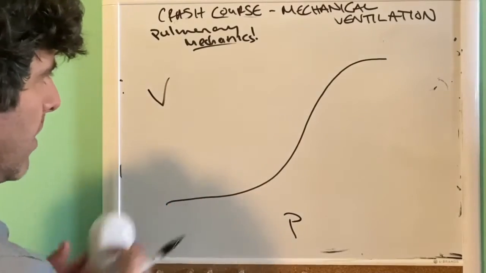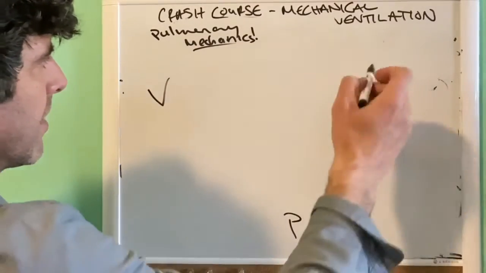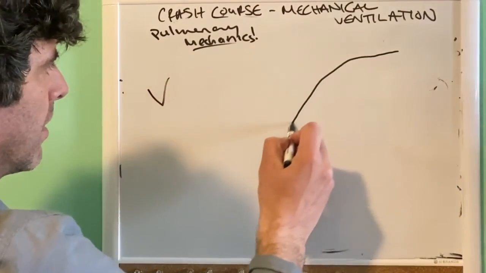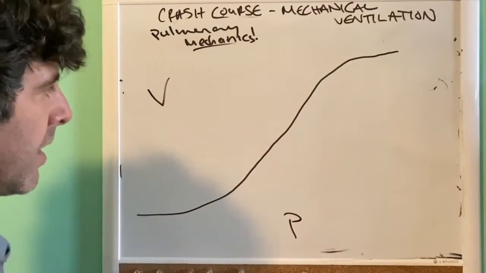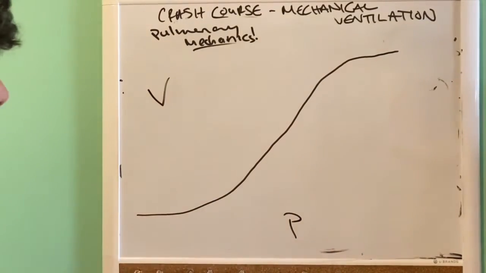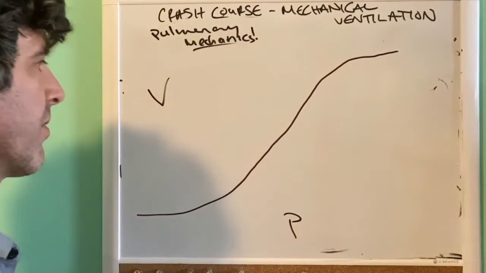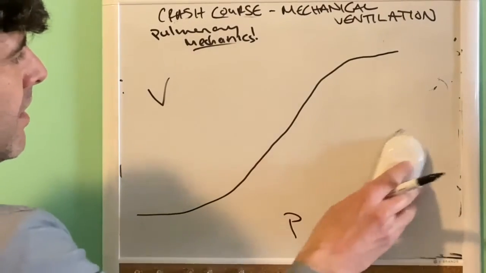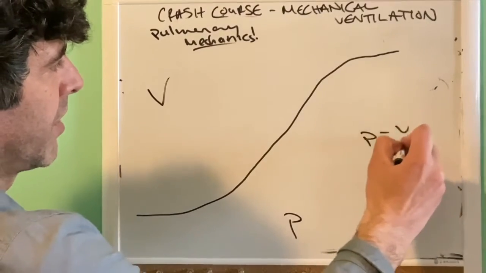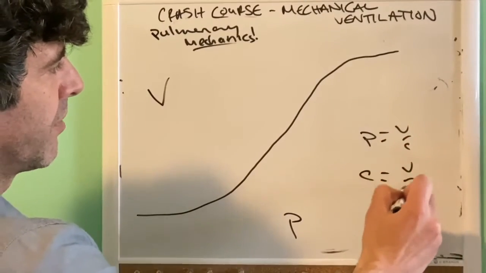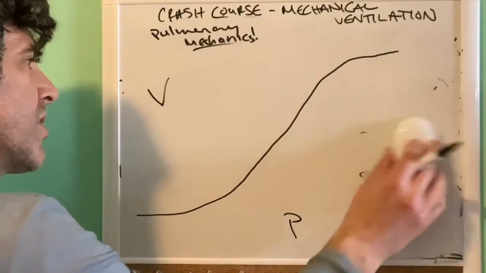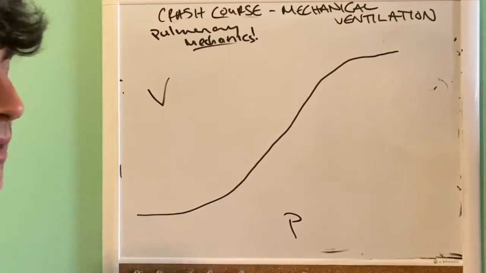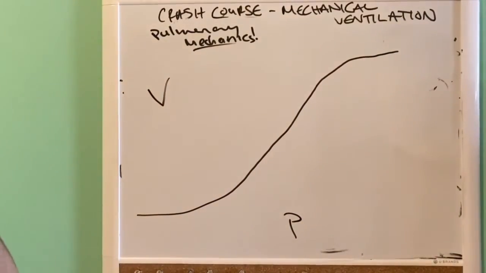This is not drawn perfectly, but everyone's lung, this is essentially a compliance curve. If pressure equals volume over compliance, then compliance equals volume over pressure. So this is essentially a curve of one static compliance.